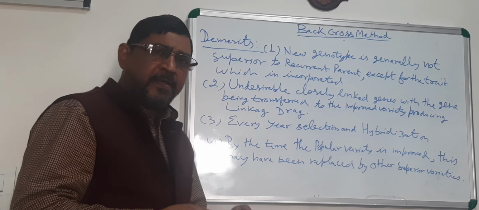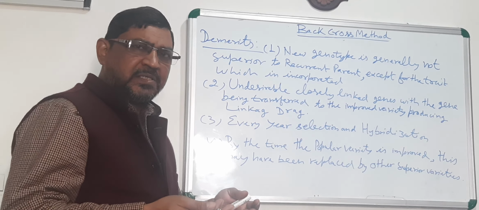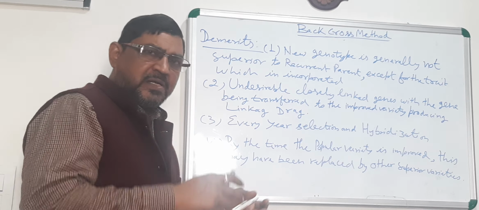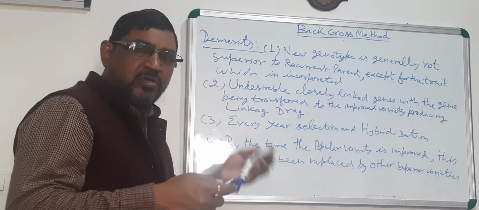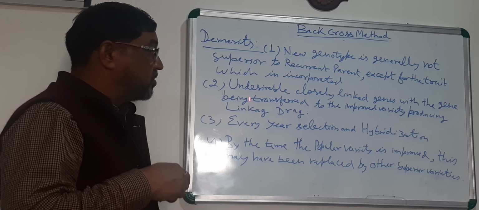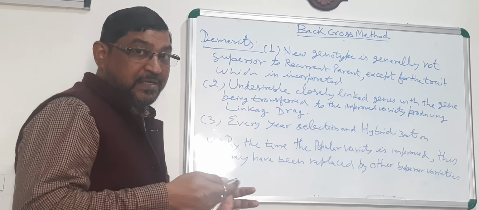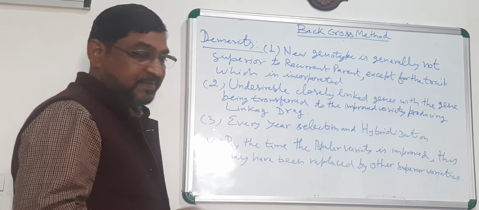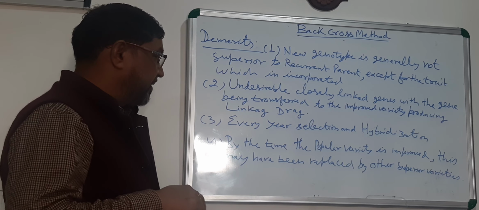If you are getting the improved version similar to your recurrent parent, with the added gene, then it means you didn't get linkage drag. So this is very important, that you should not have linkage drag. You have to see this while testing the plants in recurrent backcross breeding.